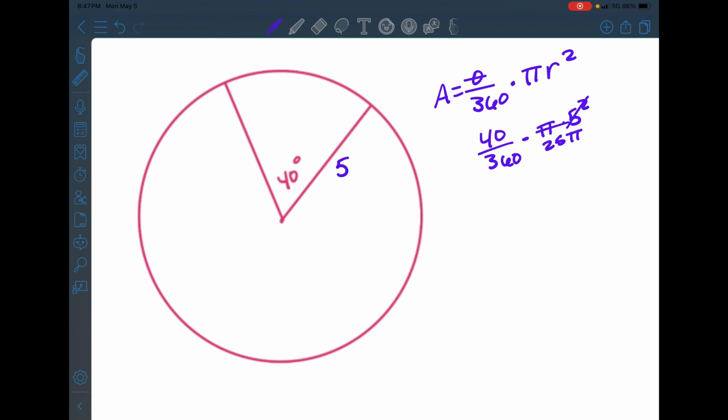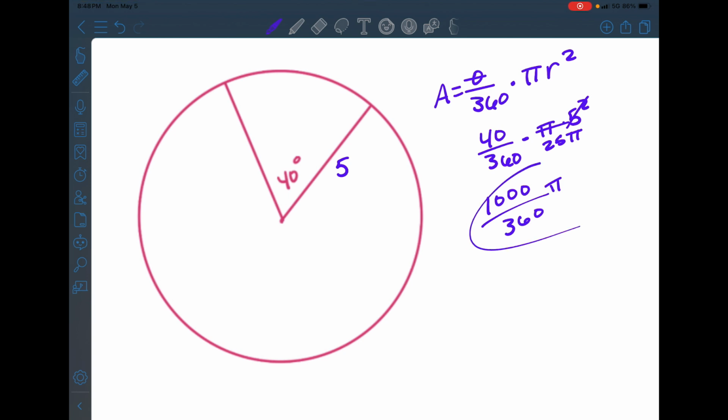So I'm going to go 40 times 25 divided by 360. 40 times 25 is 1,000, divided by 360. And there'd be pi behind it, or you can put pi up here, it doesn't matter. Then you would reduce this, or you could find the decimal of it.